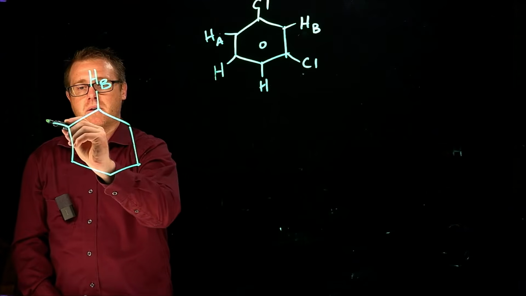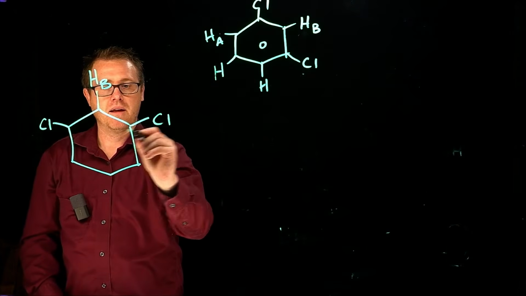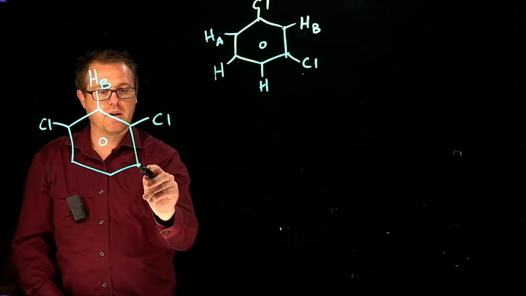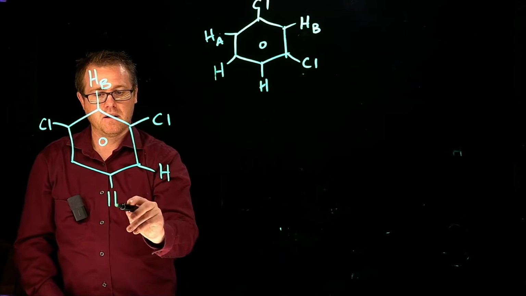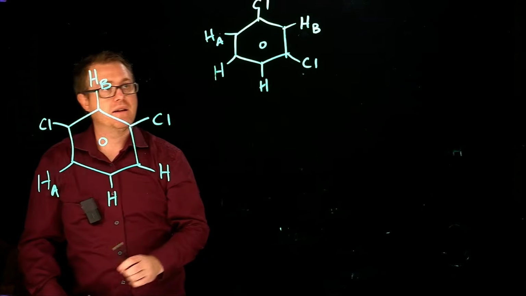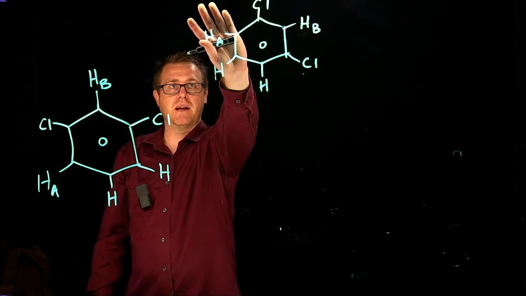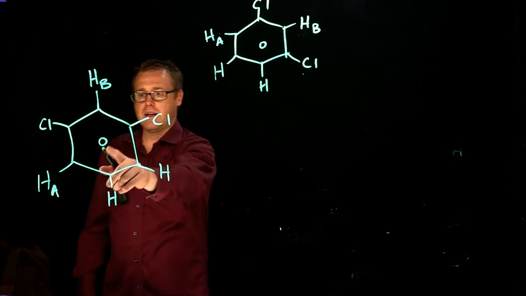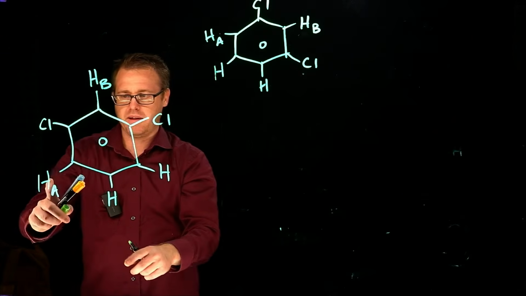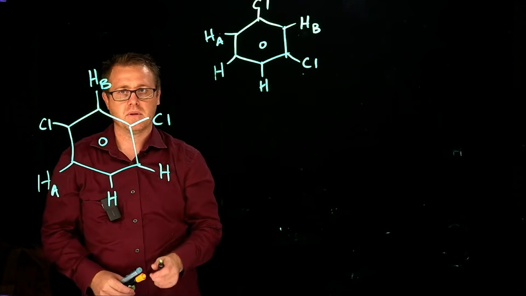So that means the chlorines are right there and there, and we have our hydrogen like that. So that's our HA. So all I've done to this molecule is just rotated it to look like this. And this is just going to help me better understand what's the relationship between this proton and this proton.